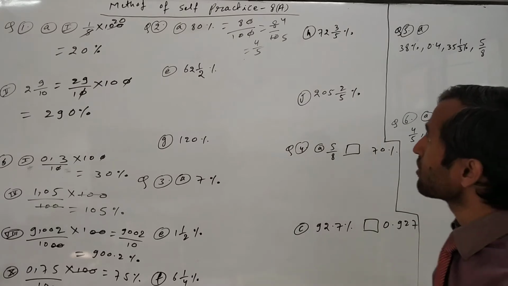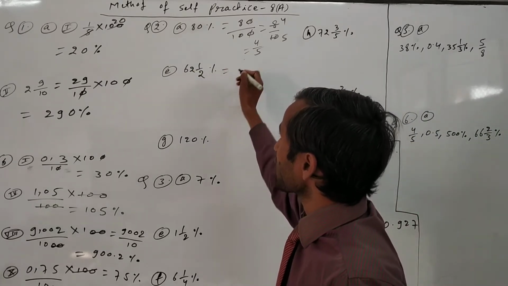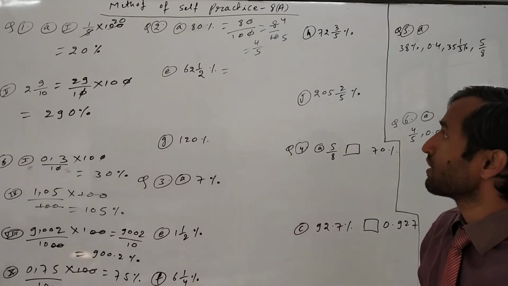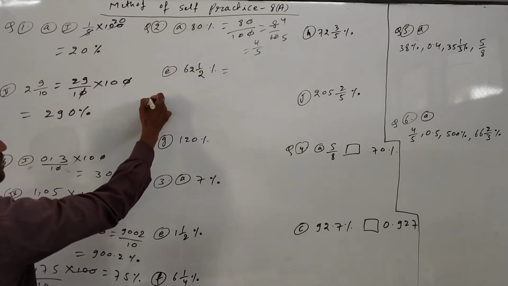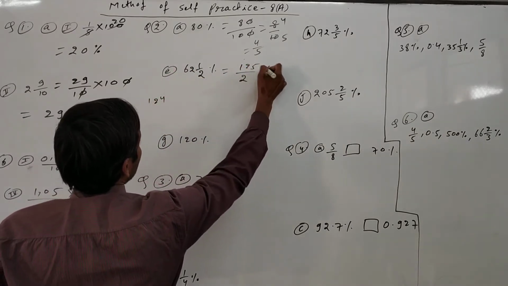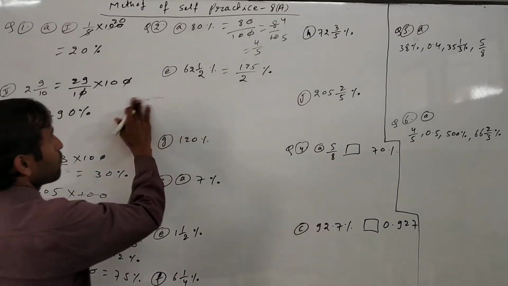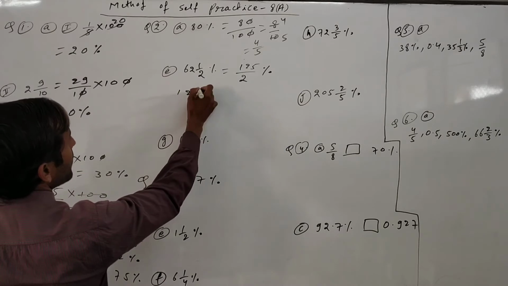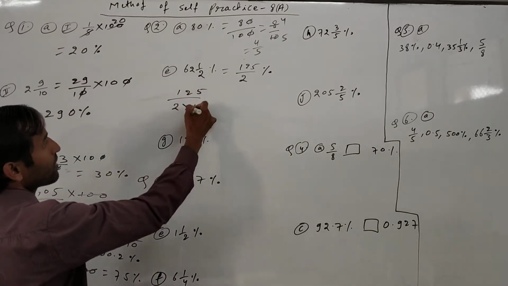Okay. Now this one is 62 1 upon 2% is given. First of all we have to remove the mixed fraction. Then it will come 2 times 62 is 124, plus 1, 125 upon 2%. So we have to remove this percentage. For that divide by 100. So 2 with 2 only, multiply 100 means denominator part.